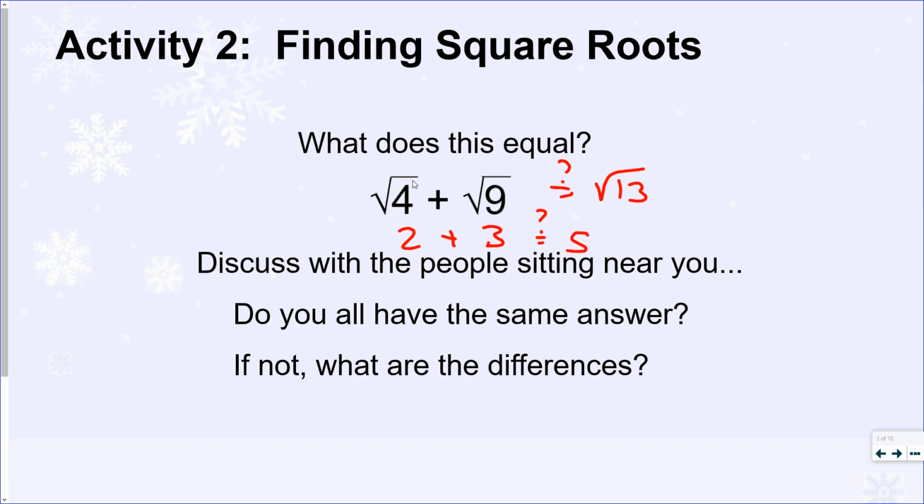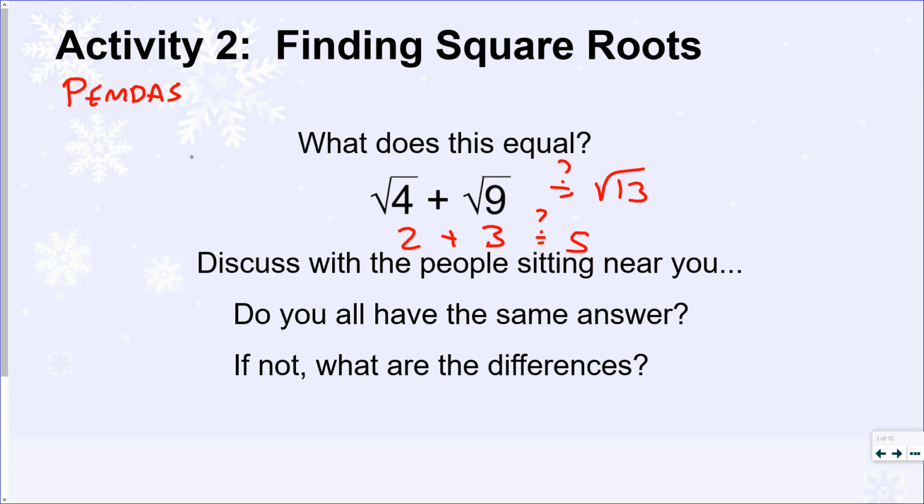And it kind of makes sense too. Square root of 4 can simplify. Square root of 9 simplifies. And here's the other thing to think about. Think of the order of operations, right? In the order of operations, PEMDAS, what comes first? Parentheses? No parentheses. Exponents. Multiplication, division, addition, subtraction. But square root, what operation is that?